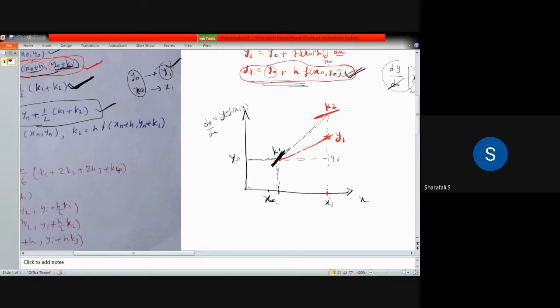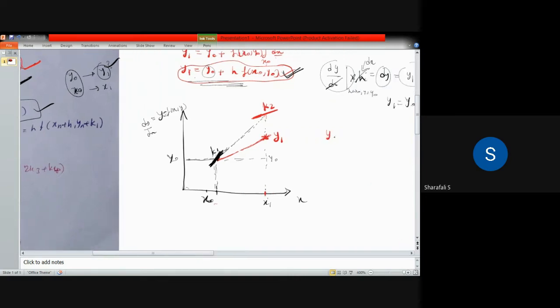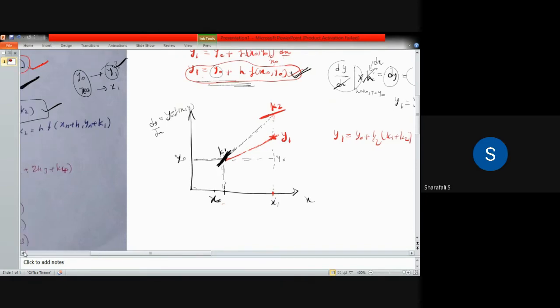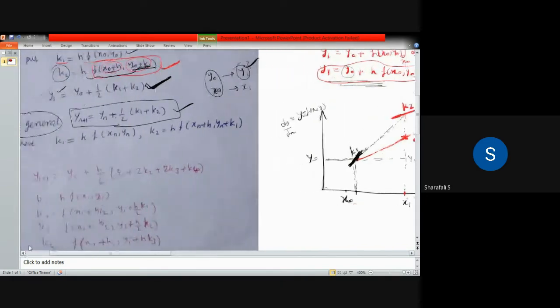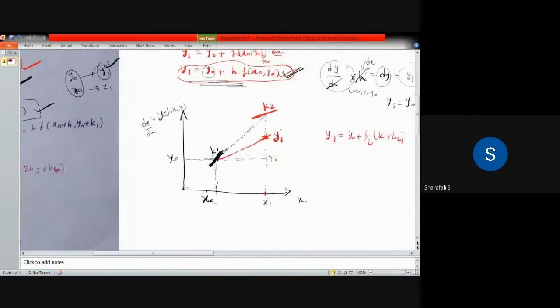Okay, that is the meaning of the equation y1 equal to y0 plus half k1 plus k2. So this is how we will calculate the value of y with the initial conditions given.